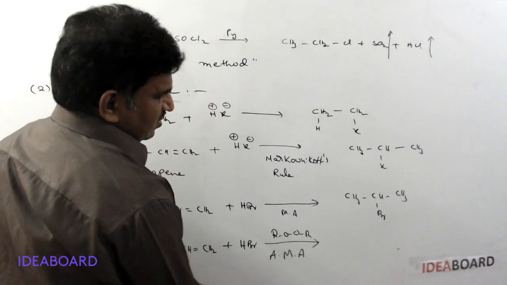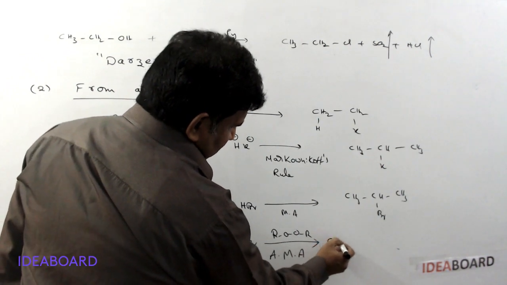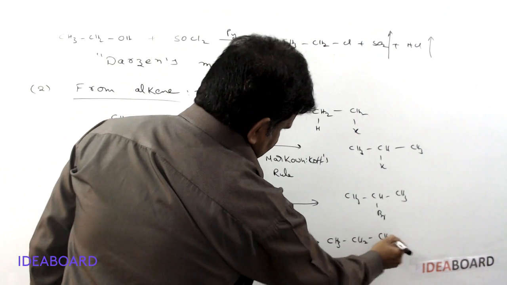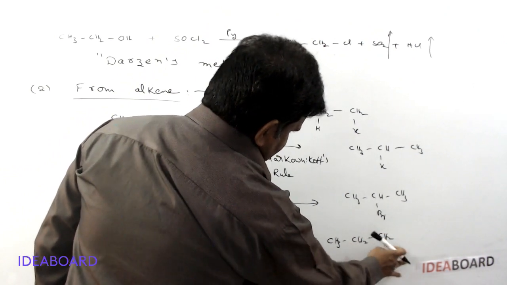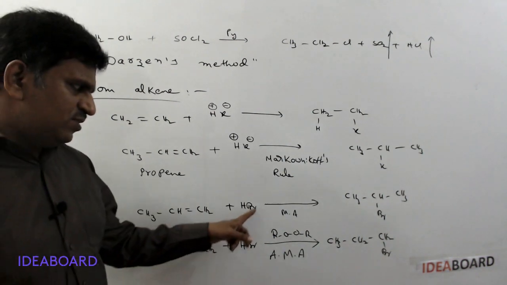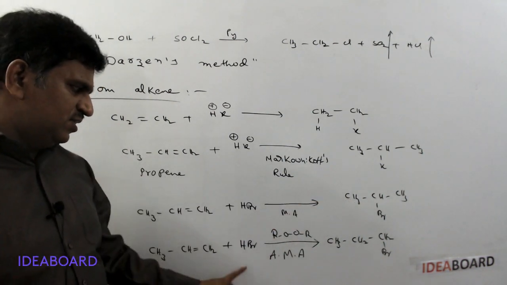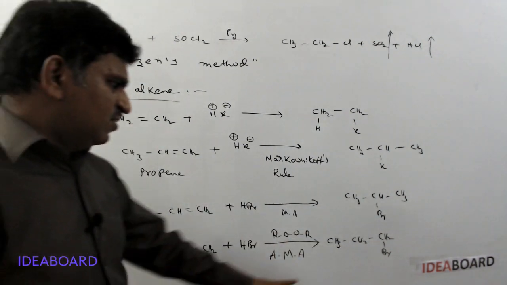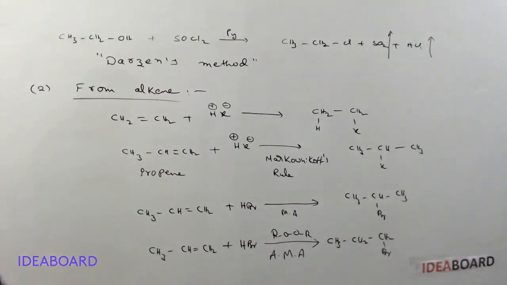This is a free radical addition reaction, and it gives CH3CH2CH2Br, 1-bromopropane. So please remember: without peroxide, Markovnikov; in the presence of peroxide, anti-Markovnikov addition, giving 1-bromopropane only.